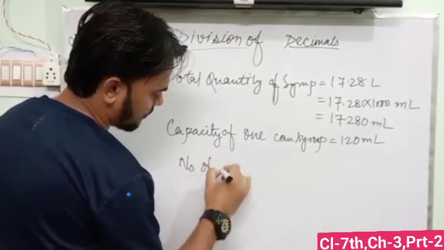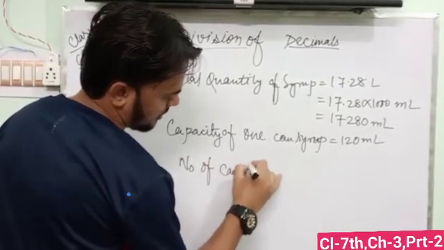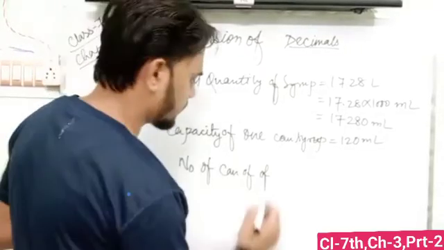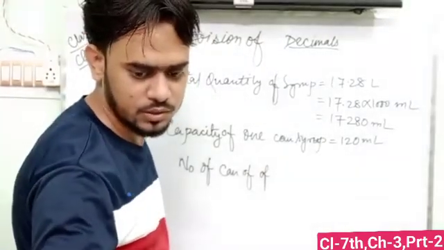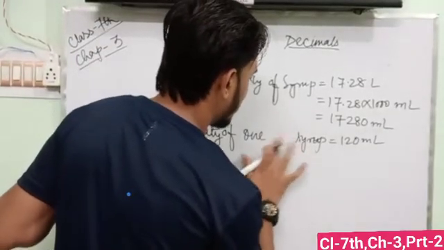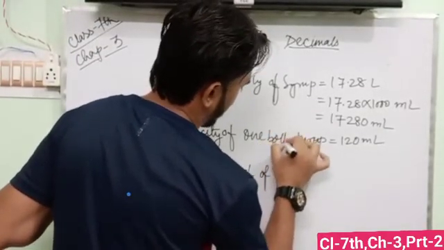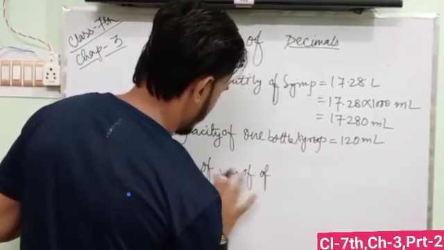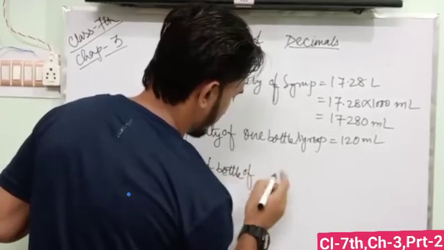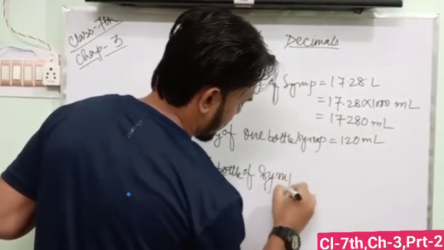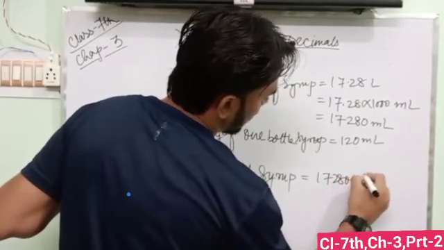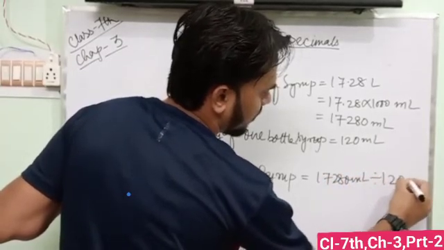So the number of bottles of syrup is equal to 17280 milliliters divided by 120.